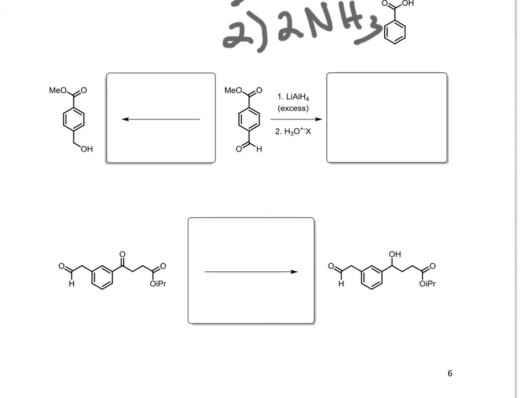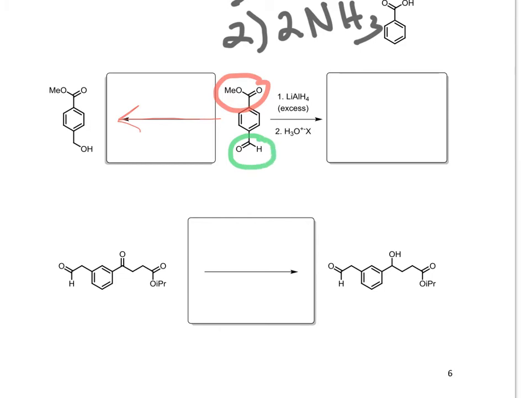The next one is reduction selectivity. Let's focus on the arrow. Again, we're moving from right to left here. Be careful to watch that on the exam. Here we have an ester and an aldehyde.